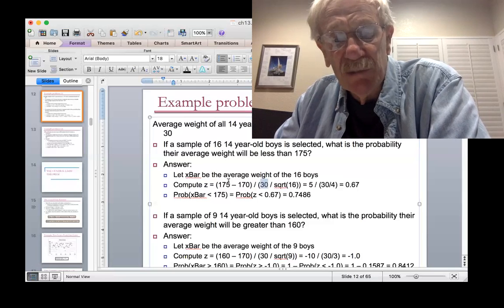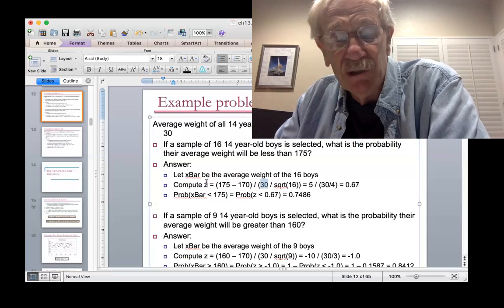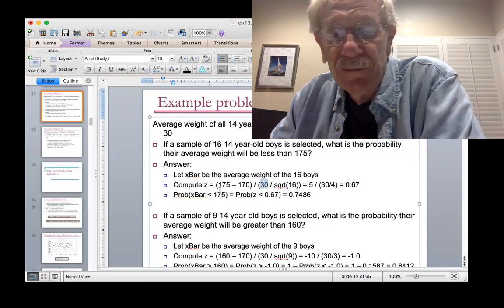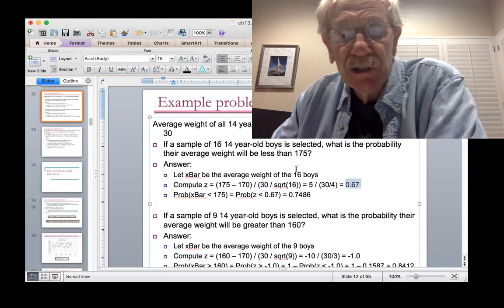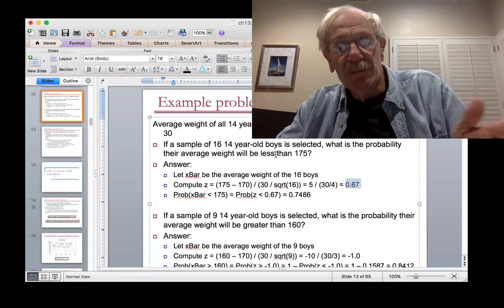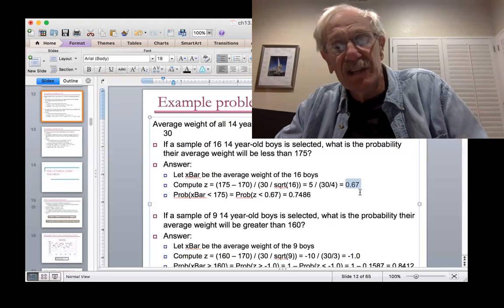So you compute this number, and be very careful how you compute it. Make sure you do this correctly on your calculator. Get 0.67. Now we just look in our Z table for 0.67. And in this case, we are doing less than. Andrea, this is the part you were asking about. The table gives you the percent less than the Z value.